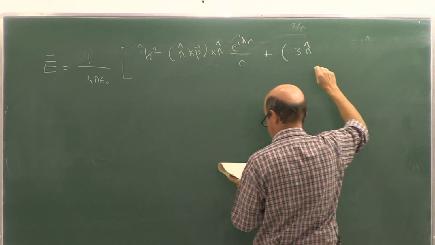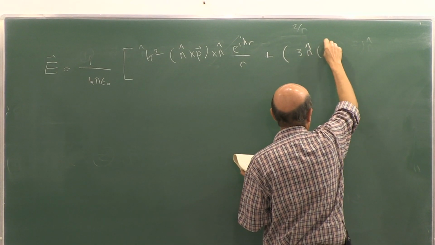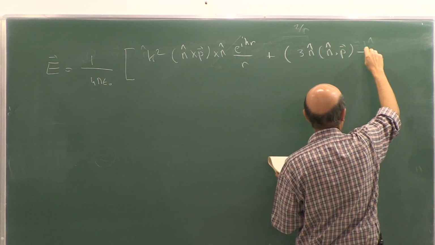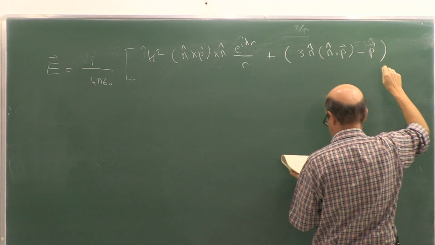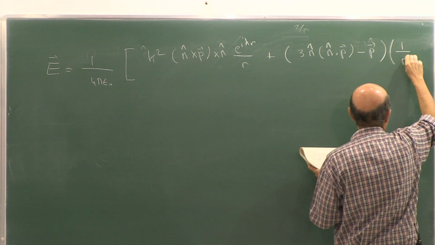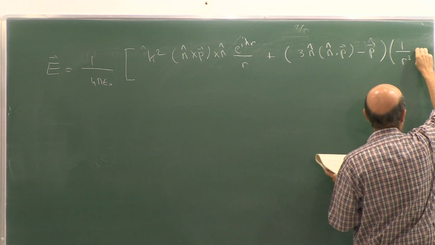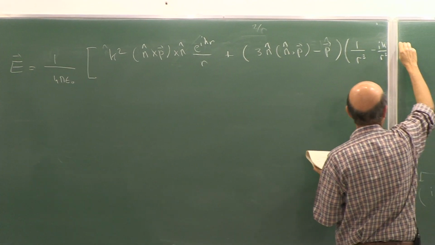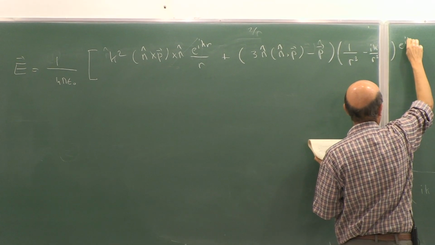3 n hat n dot p minus p, 1 over r cubed minus ik over r squared, e to the ikr.